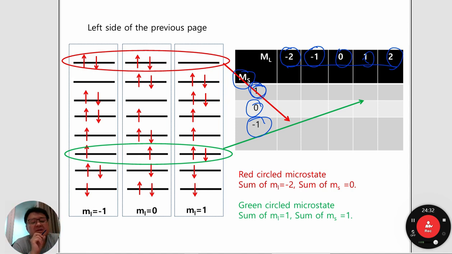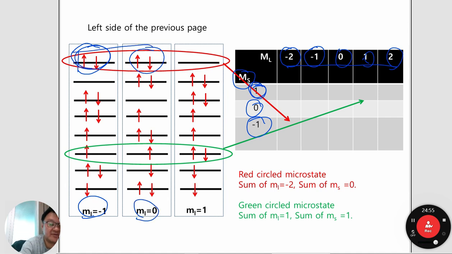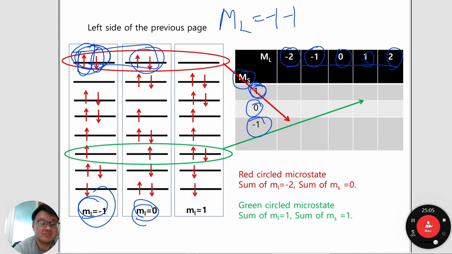Let me just pick up 2 different examples and try to calculate the capital ML value and capital MS value. In this case, each of these 2 electrons has magnetic quantum number of -1, and these electrons have magnetic quantum number of 0. So for this, capital ML should be -1, -1, 0, 0.